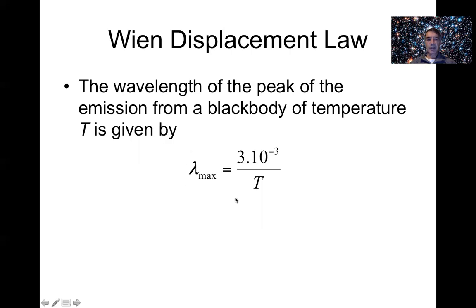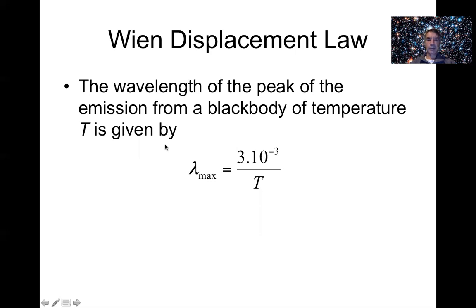This is probably the first key formula that we've had in the module. This one you will definitely need to know and use throughout the module. We come back to this time and time again. Basically, all you need to do here is put the temperature in Kelvin. This is a constant, 3 times 10 to the minus 3. And then the peak wavelength, lambda max here, will come out in meters.